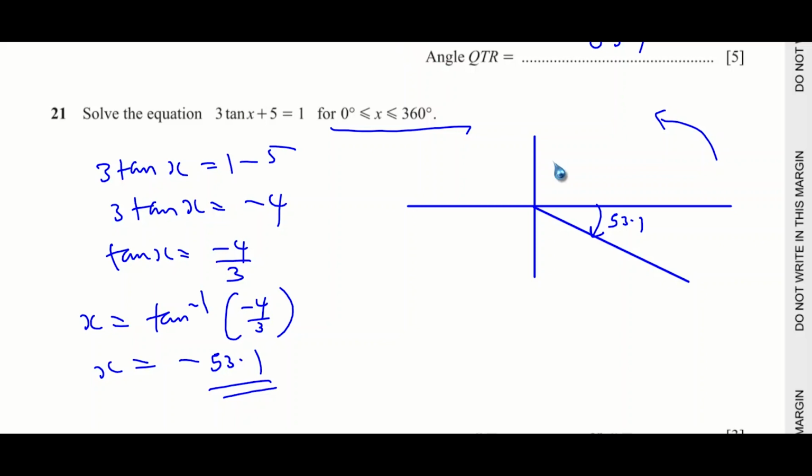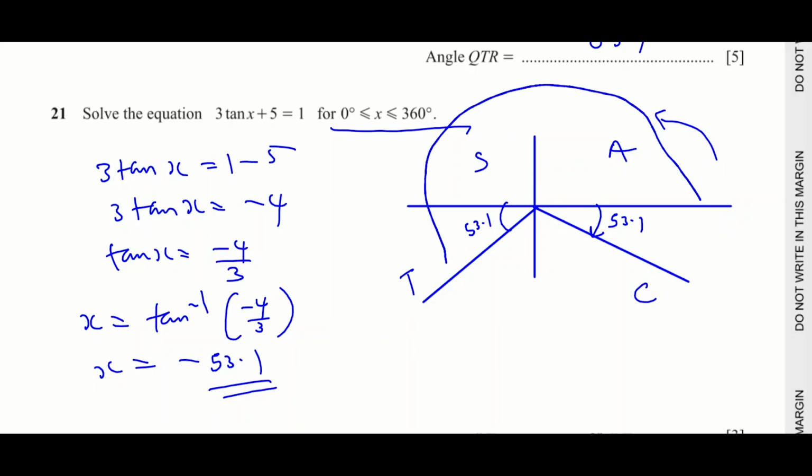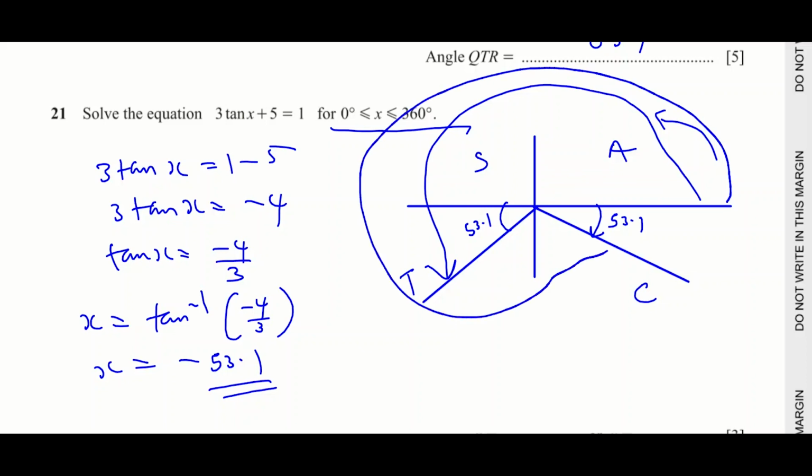So if 53.1 is here, it's similar or equal to this angle here. So this would be 53.1 as well. So you know that all students take calculus, so I can get the value of this angle from here where tan is positive, so I'll take it here, and the second value will be from here, up to this one here.